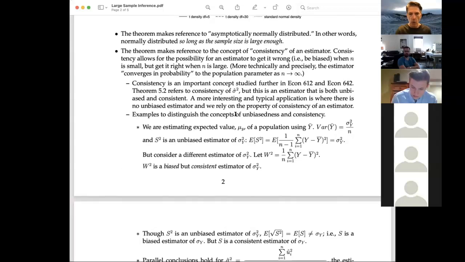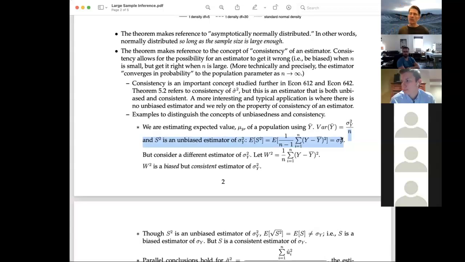For example, we want to estimate expected value. We're going to use y bar because it's an unbiased estimator. We said variance of y bar is sigma squared y divided by n. And we said s squared is an unbiased estimator of the variance of y, so the expected value of s squared is equal to sigma squared y.